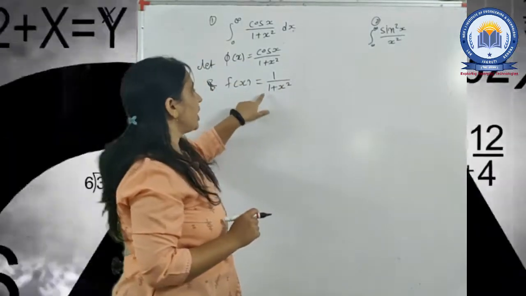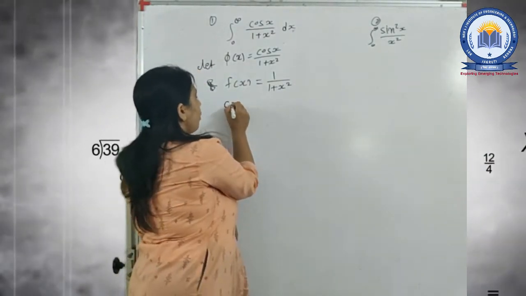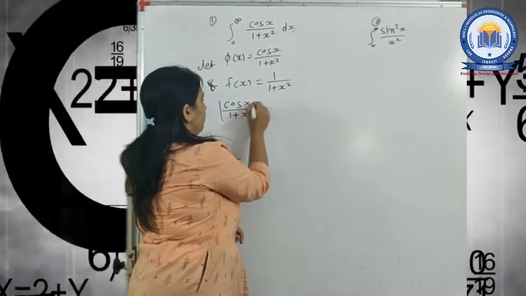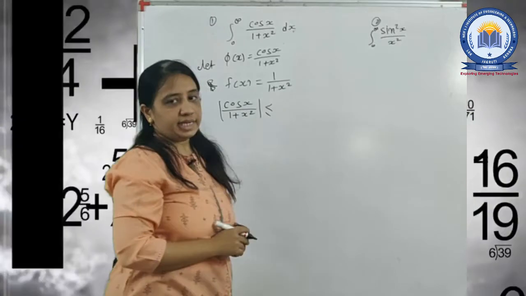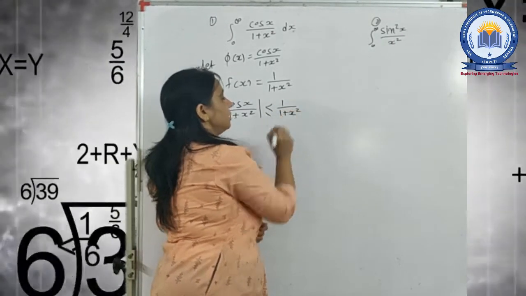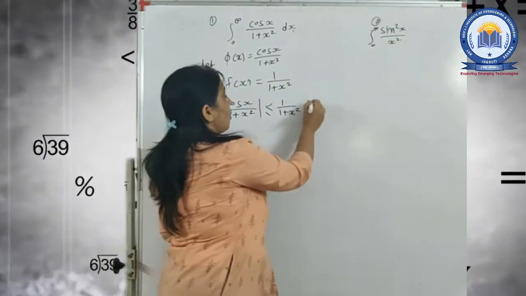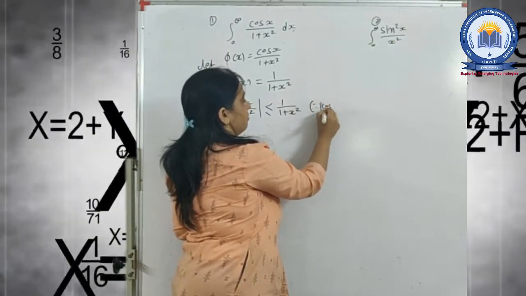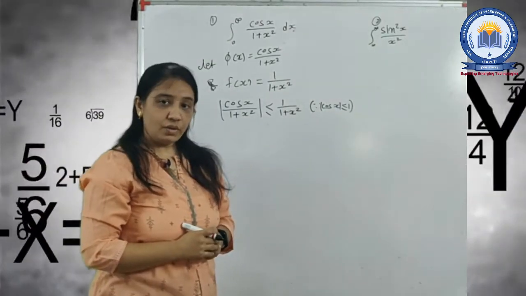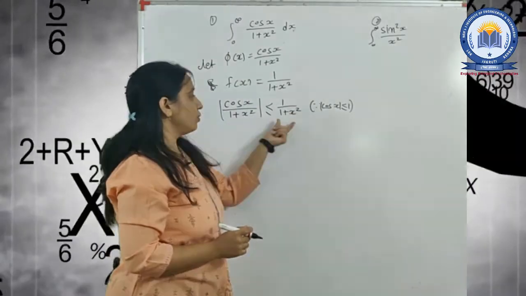Now, if we check the comparison between these two, we get mod of cos x upon 1 plus x square is always less than or equal to 1 upon 1 plus x square, because mod cos x is always less than or equal to 1, and the denominators of both are the same.